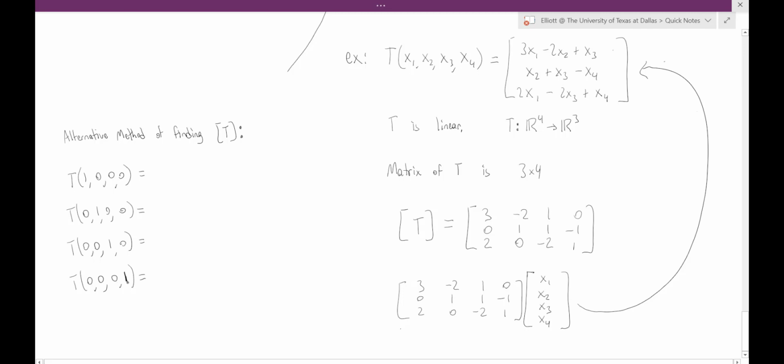Okay, so if you plug in 1 for x1 and then 0 for x2, x3, and x4, you should get 3, 0, and 2. Okay. If we plug in 1 for x2 and 0 for everything else, you'll get -2, 1, 0.